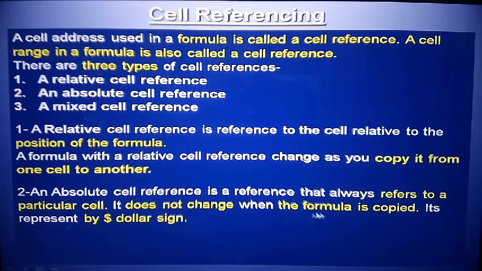It means when the formula is copied and pasted again, the reference stays fixed. It is represented by the dollar sign. This absolute reference always starts with the dollar sign. Here the calculation is simple, but you always use the dollar sign.